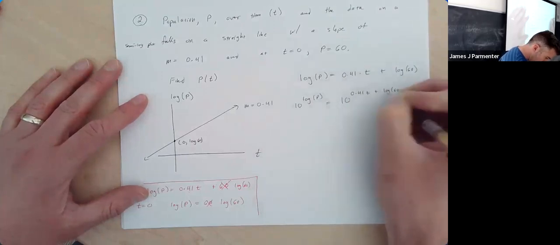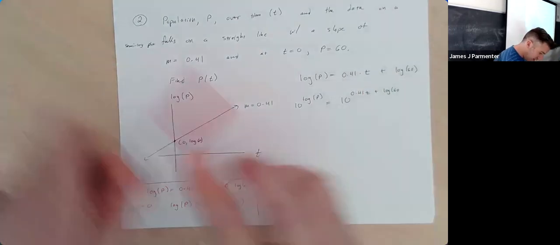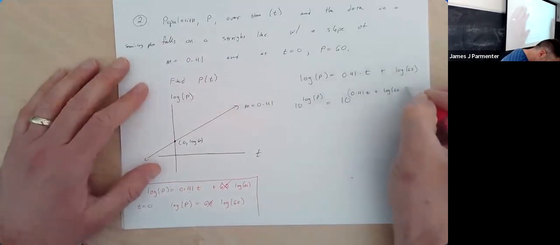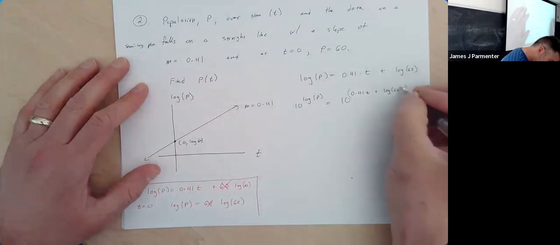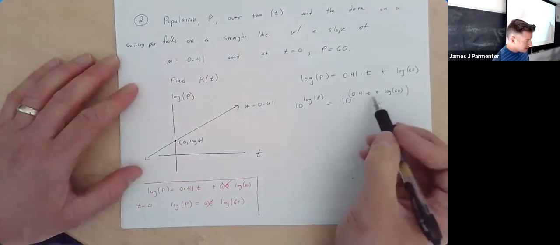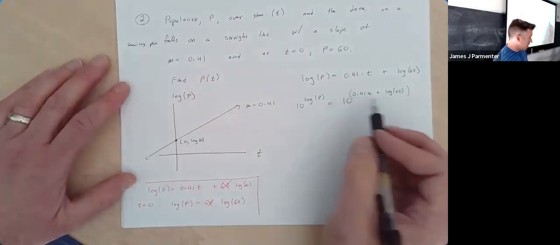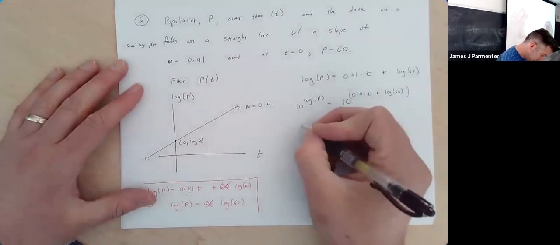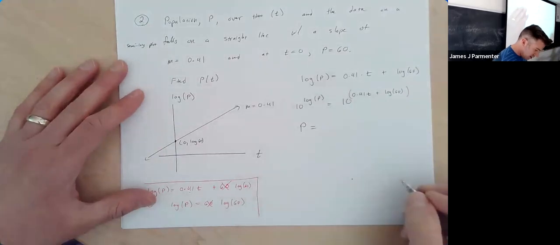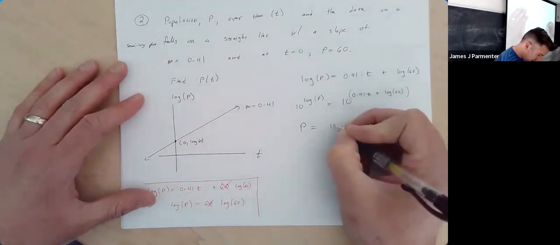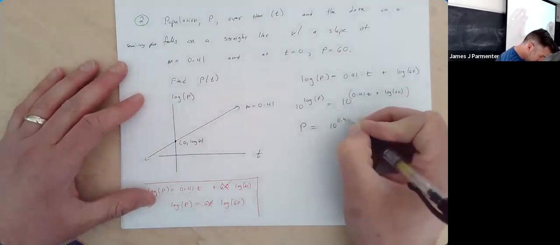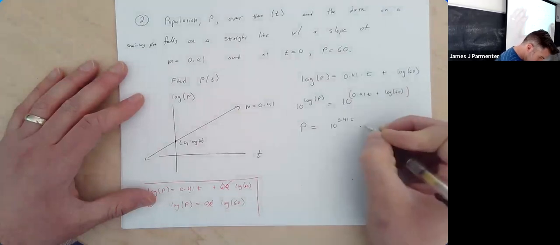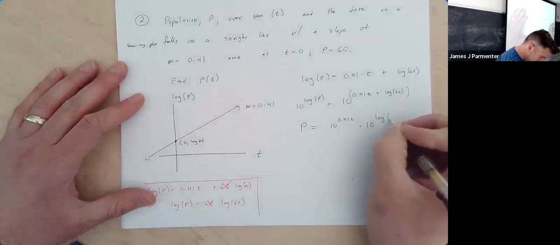And just like before, all of this stuff on the right-hand side is in your exponent. And since there's addition, and there's almost always going to be either addition or subtraction, you can always break it up into two pieces multiplied together. On the left-hand side, 10 to the log of P is just P. On the right-hand side, we've got 10 to the 0.41 T times 10 to the log of 60.